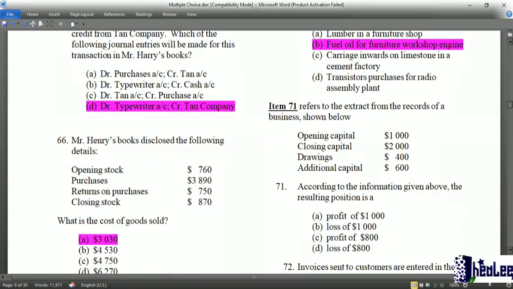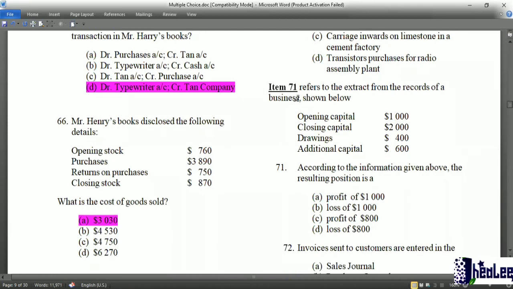Item 71 refers to the extract from the records of a business shown below. According to the information given above, the resulting position is A. What you're going to use to determine whether there's a profit or loss, and the amount is your finance section or the equation that you use to ascertain your new capital, which is your closing capital.